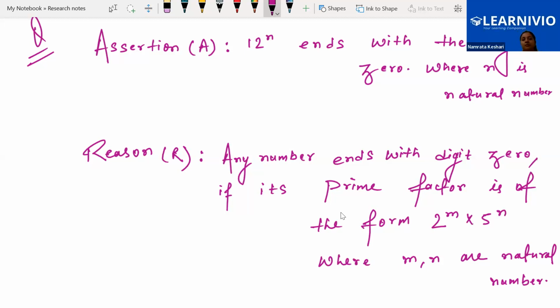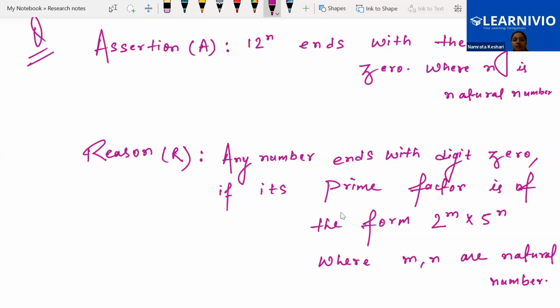Option B: assertion and reason both are correct, but reason is not the correct explanation of the given assertion. Option C: assertion is correct, reason is false. Option D: assertion is false, reason is correct. You just need to write this in your notebook. It is based on the previous concept only. First you try it. We will start our next class with this question.